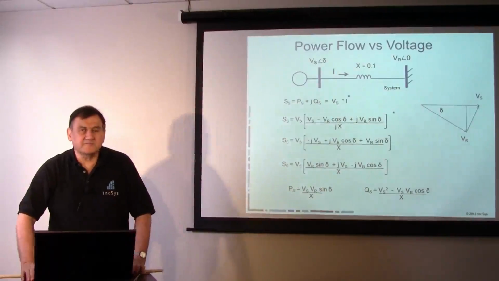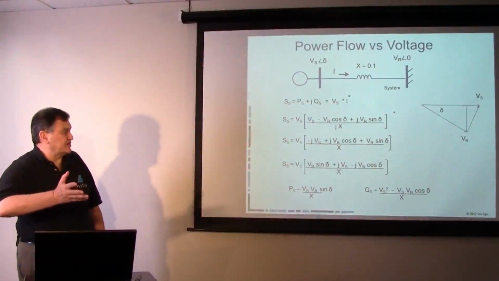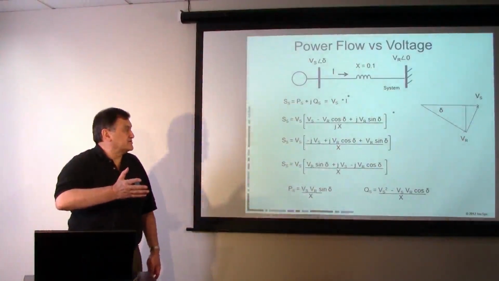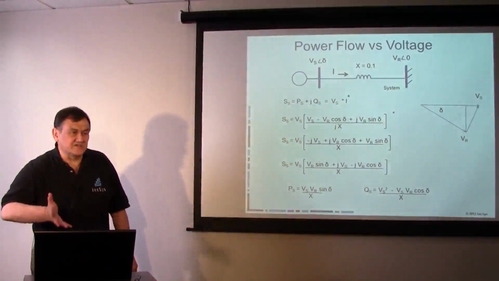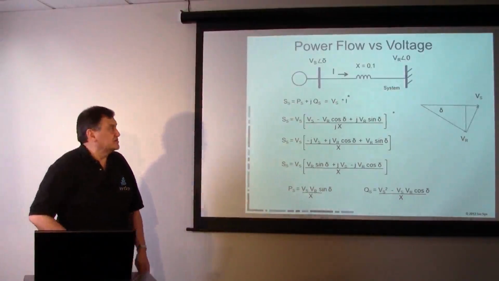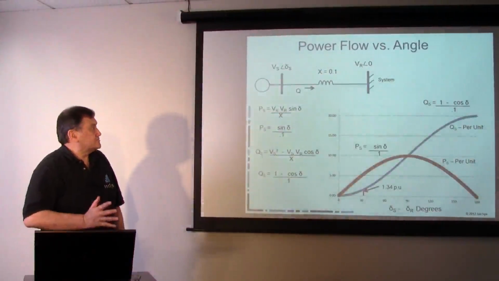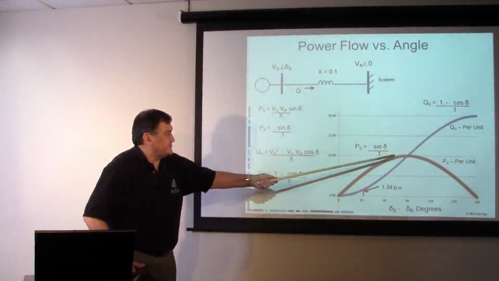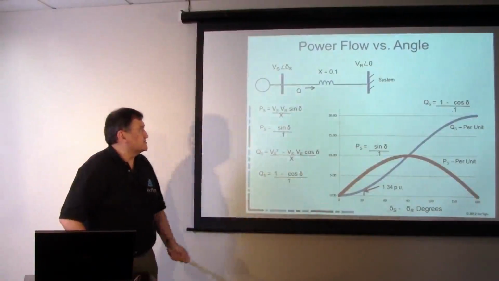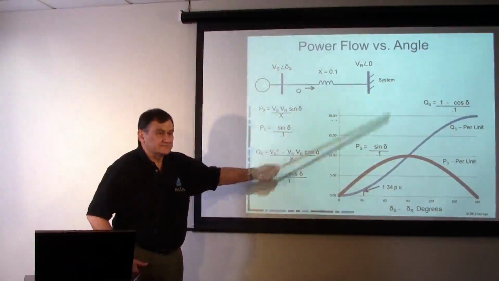Yeah, basically we've had the question of how this relates to the angle at both the sending and the receiving end. The bottom line is the power flows as a function of the angle, and so this angle has to be advanced for the power to flow in that direction.